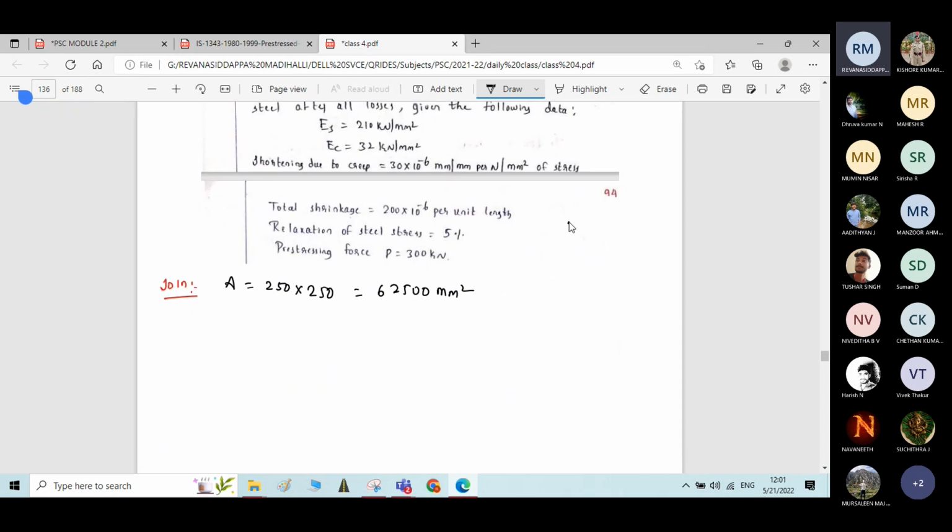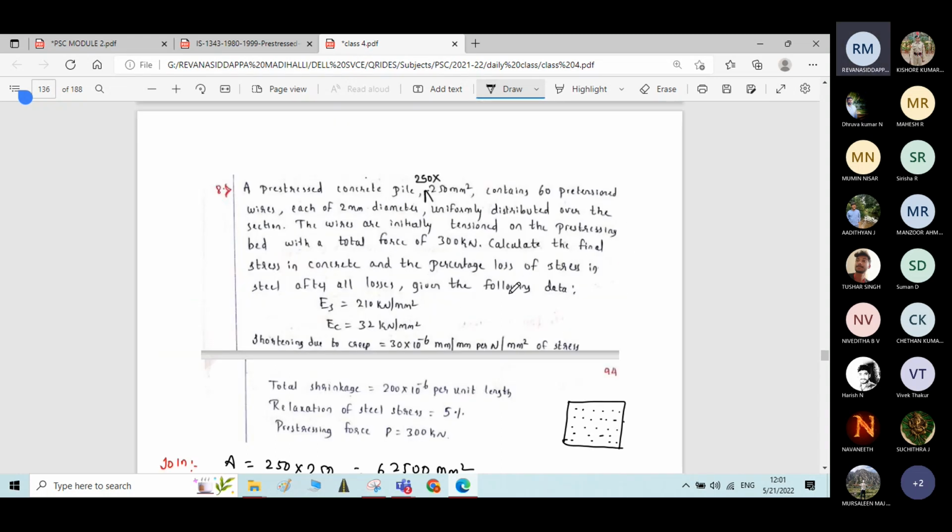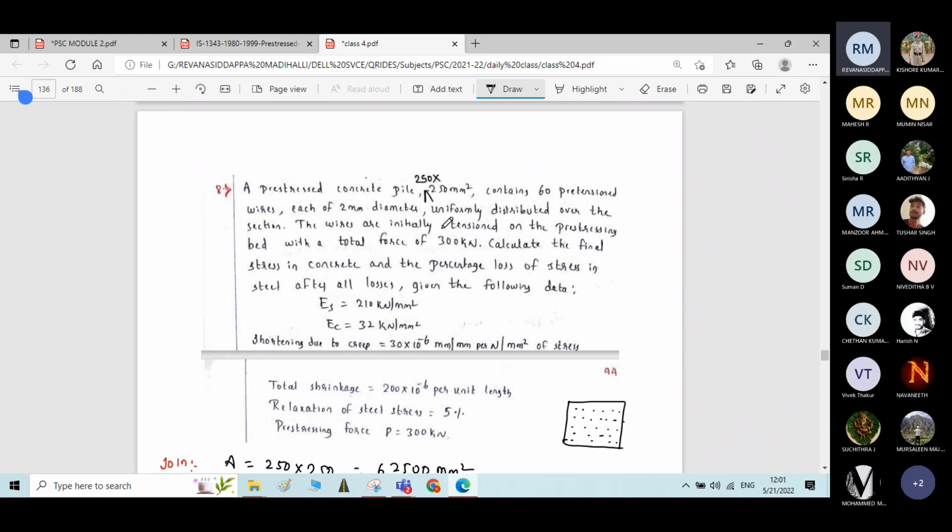It's a concrete pile. In this, 60 pre-stressing wires are there, and each wire is of 2 mm diameter, uniformly distributed over the section. The wires are initially tensioned on the pre-stressing bed with a total force of 300 kilonewton.